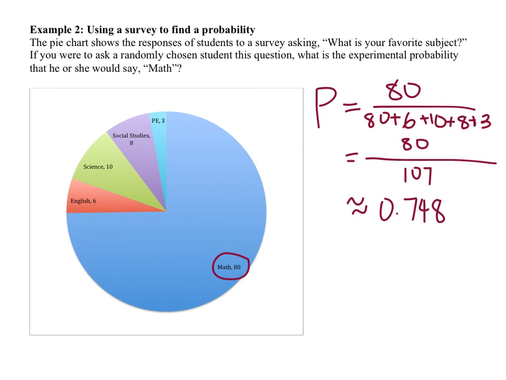So that'll hopefully give us a better understanding of the differences between experimental and theoretical probability, and how usually when experiments are done to a great extent, the more trials you have, the closer it would actually get to the theoretical.